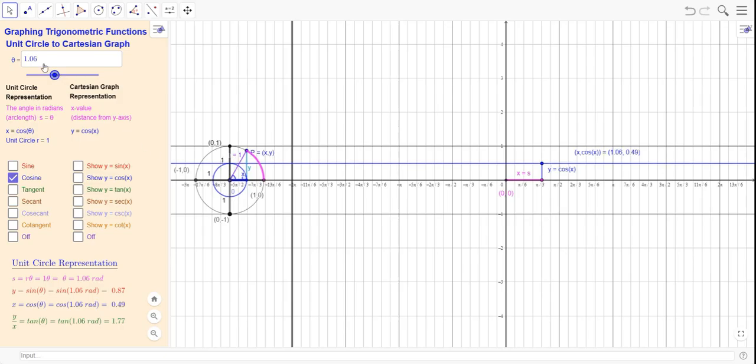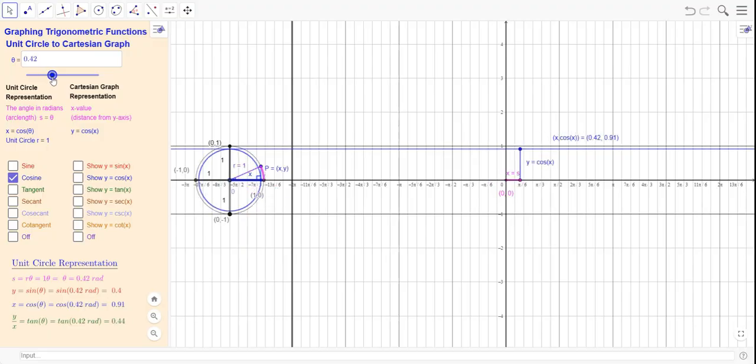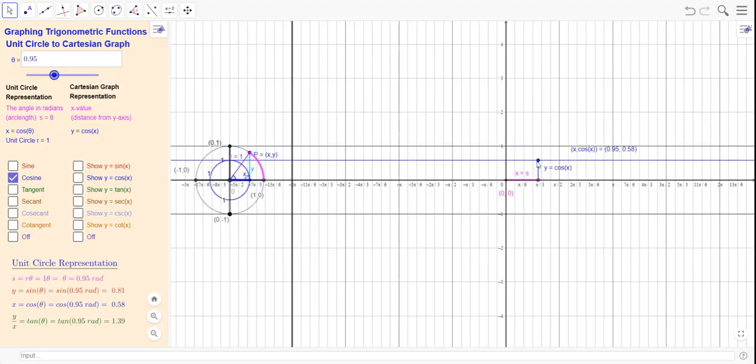So look what cosine does. Let's start again at 0. So it starts at 1. As we increase, the x value is starting to come down over here. So it's an x value here on the left, it's a y value on the right.